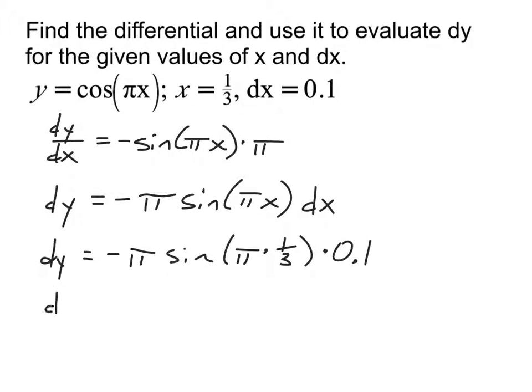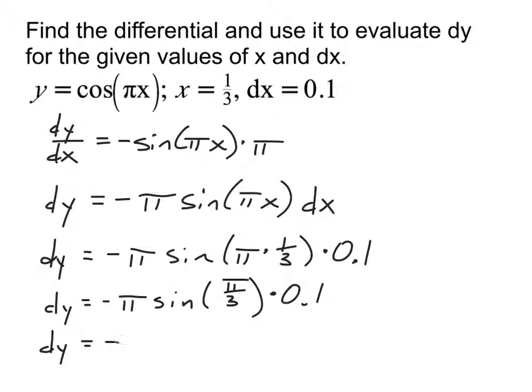Well, now we need to actually do this, which yes is going to mean that you need to remember your unit circle, because we need to remember what sine of pi over 3 is. 1/2? Okay, so sine of pi over 3, root 3 over 2. I was wrong. And so we're going to end up doing negative pi times root 3 over 2 times 0.1.